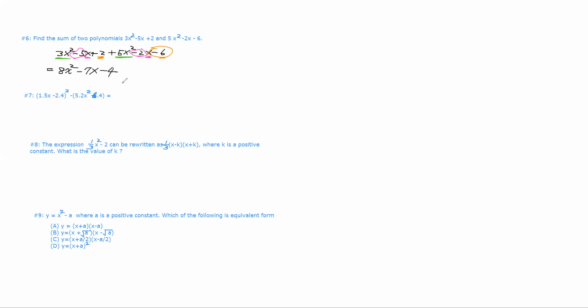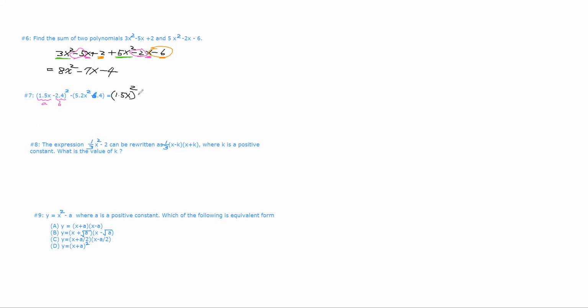Okay, so now let's take a look at this one. This is the one that will test, like we talked before, (a minus b) squared, right? So you really need to use the formula we just discussed. So if you say this is A, this is B, it will be A squared, so this will be 1.5x to the square.